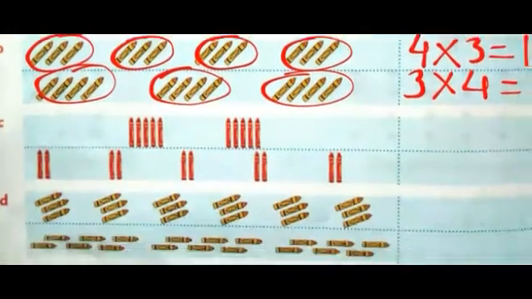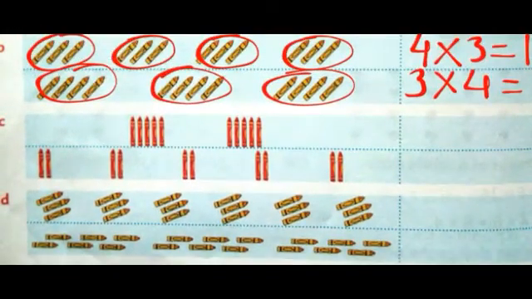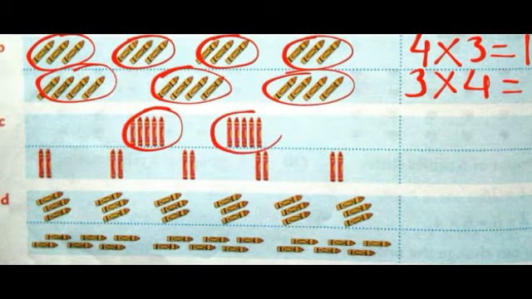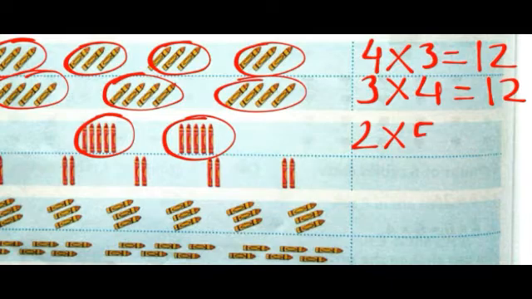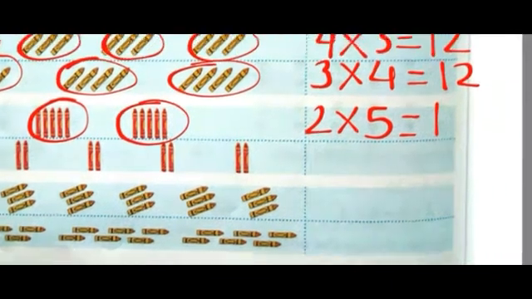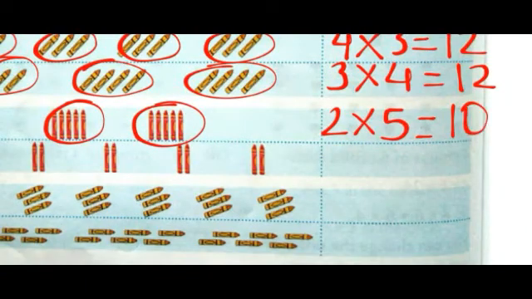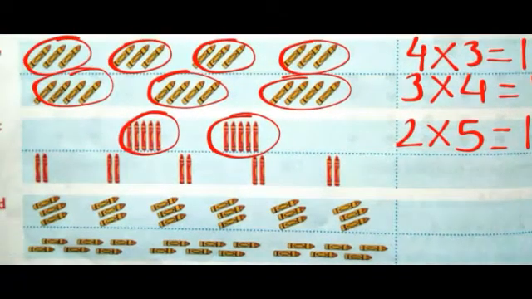Okay. Now see one more. See the C. First we will form the groups, 1, 2. 2 groups are there and in each group 5 color pencils are there. So 2 5s are 10. Okay. Now see the next picture.